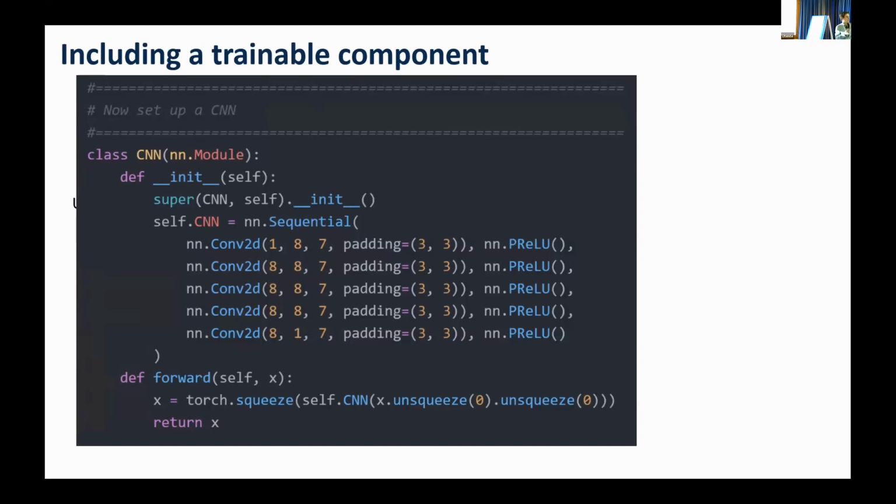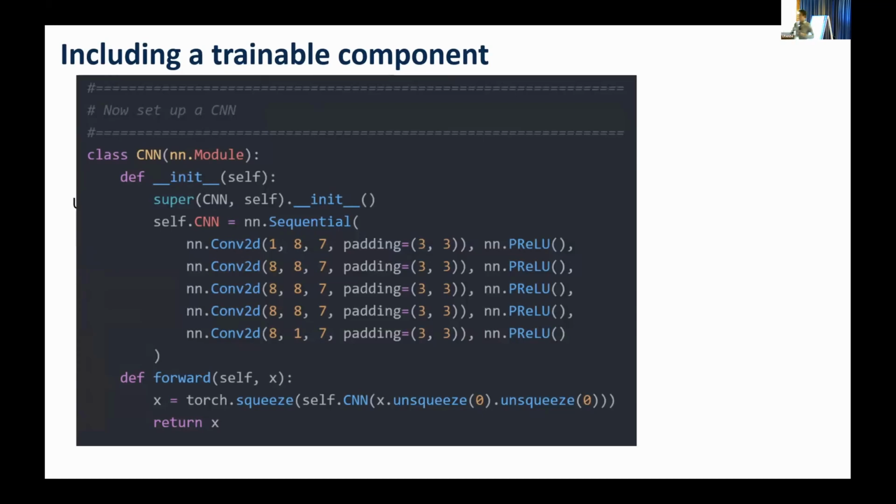And because we've got 8 kernels, therefore we get 8 outputs. And here I'm using 7x7 kernels. The 3x3 padding is just to account for the fact that at the edges I do want to pad with zeros so that the outputs are the same size in terms of X and Y as the input. So this is not a lecture on convolutional neural networks. Here I'm just showing a nonlinear shift equivariant mapping with the nonlinearities built in there. Key thing is that these kernels are trainable now, okay?